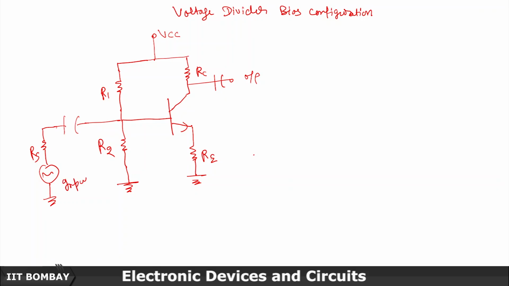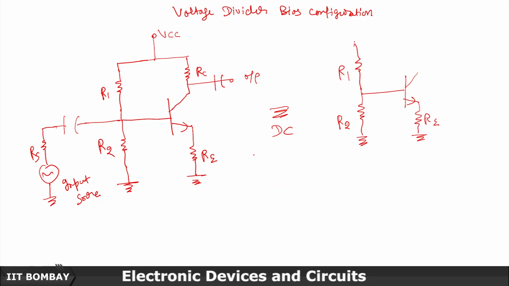If I draw an equivalent DC structure for this, that would be simply resistances R1, R2, and RE, the emitter resistance, which is grounded. This is also grounded, and this is the common VCC, and this is RC.